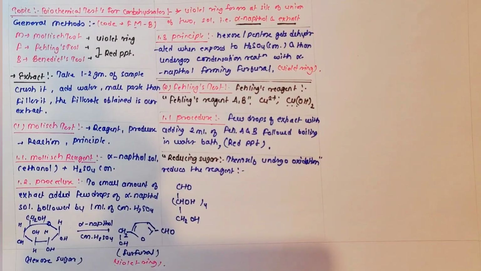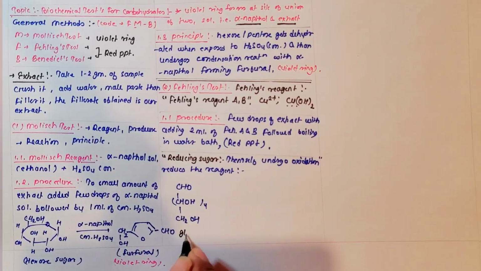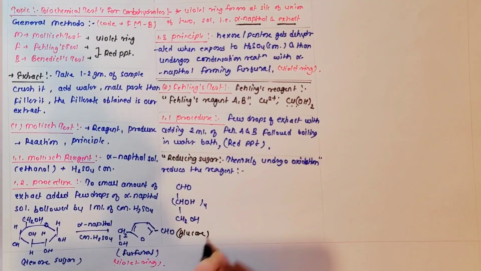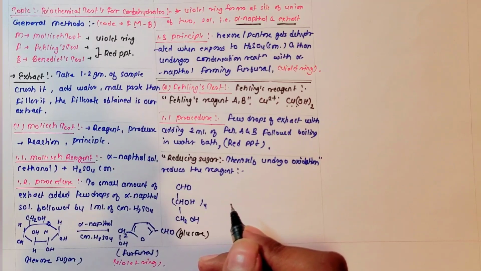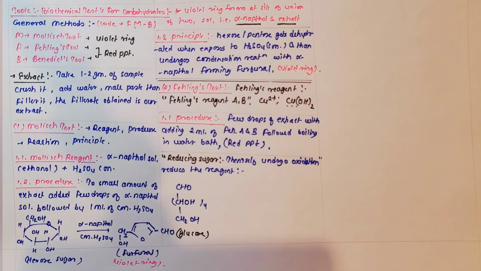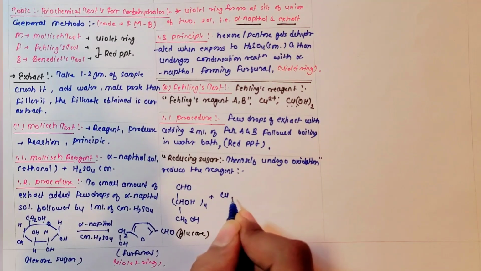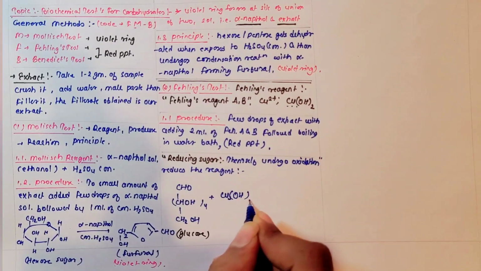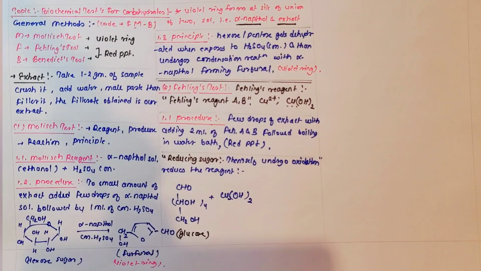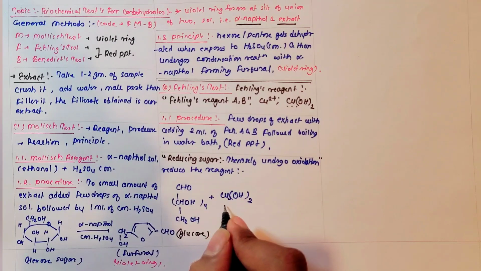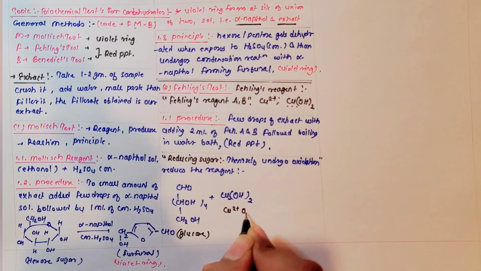This is our glucose, I think D-glucose, and this glucose is reacted with copper hydroxide, Cu(OH)2, and here we can see the oxidation state of copper is actually the Cu2+ oxidation state.